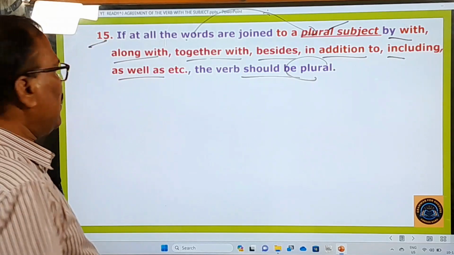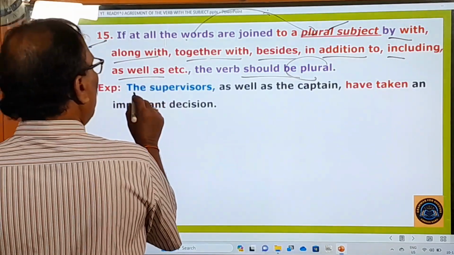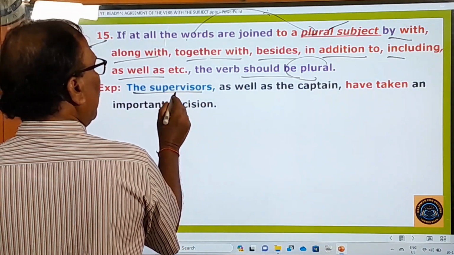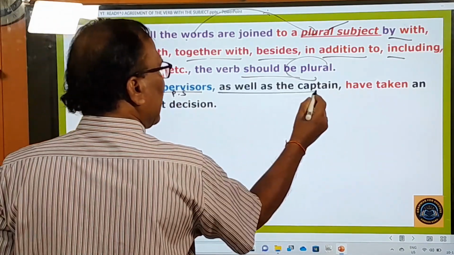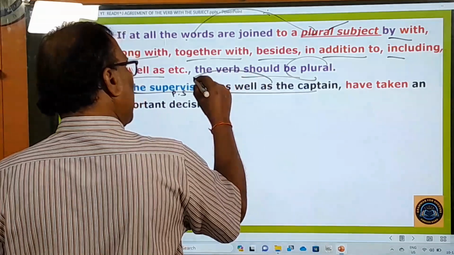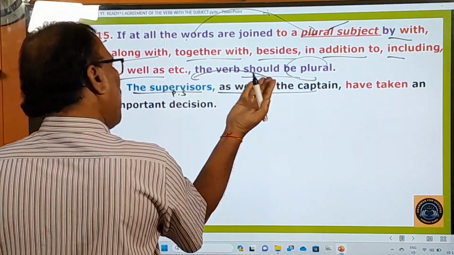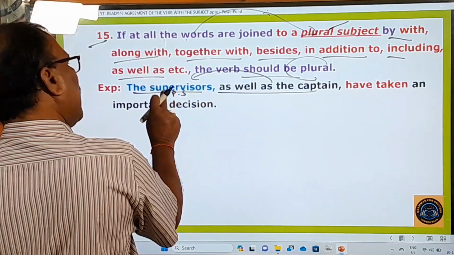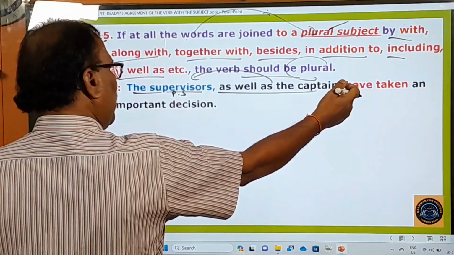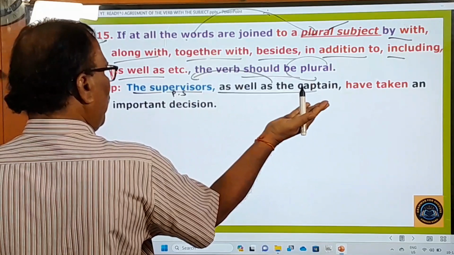Now let us take the examples. The supervisors, plural subject, PS means plural subject, as well as the captain. These are the words attached to the plural subject. So whatever you attach to the singular subject or plural subject, if the subject is singular, a singular verb must be used there. If the subject is plural, a plural verb must be used there.